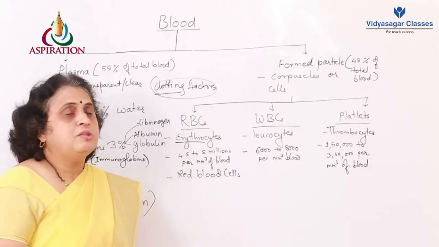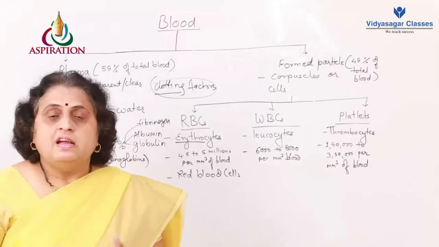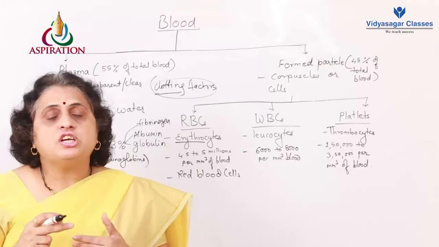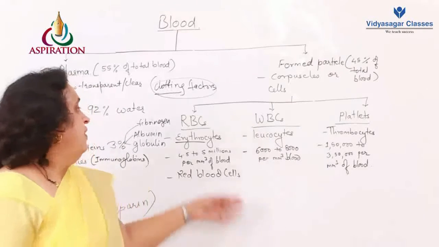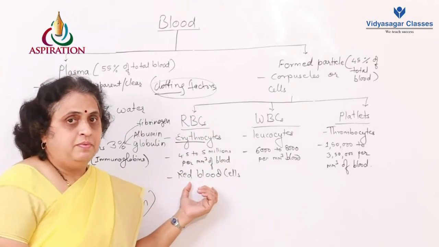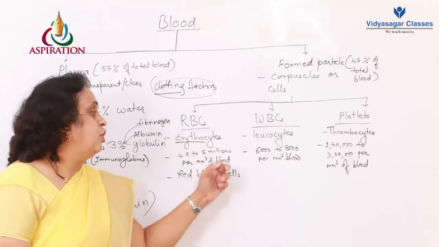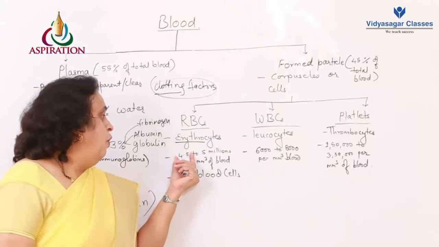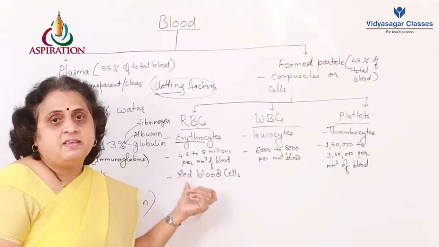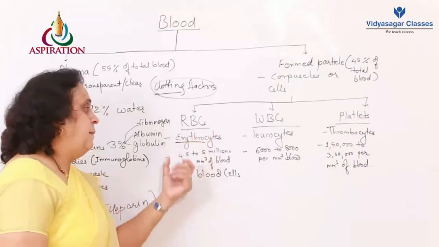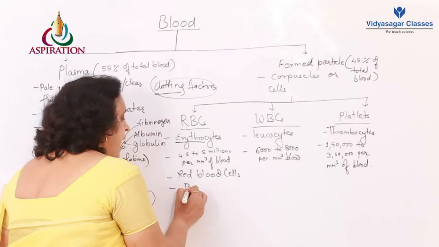When I say normal condition, it is because the number of RBCs can be increased or decreased depending upon the physiological condition of our body. During various illnesses, this number can be affected. Therefore, under normal condition, we expect that per cubic millimeter of blood will contain 4.5 to 5 million RBCs. These RBCs are produced by bone marrow.